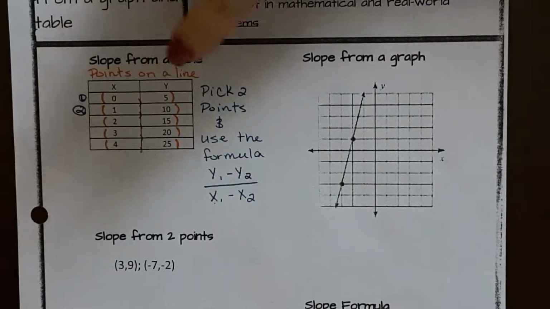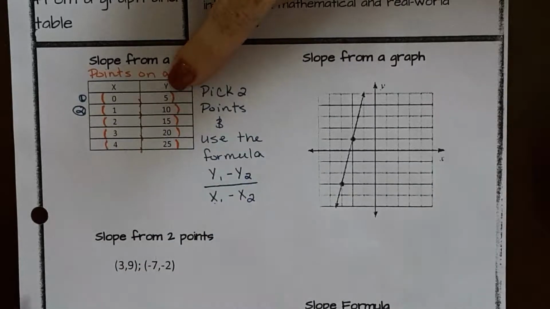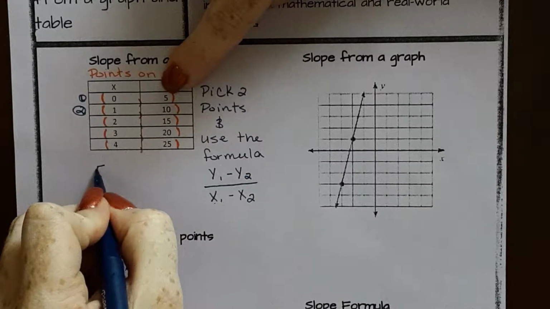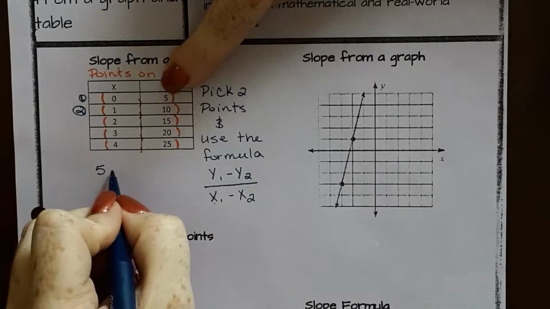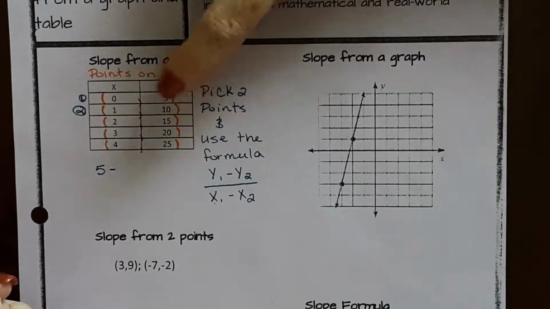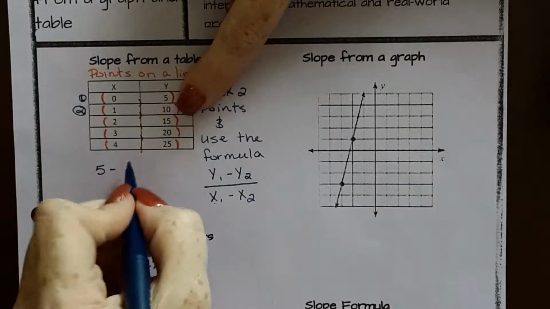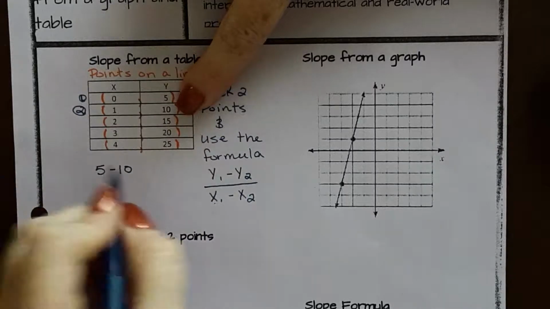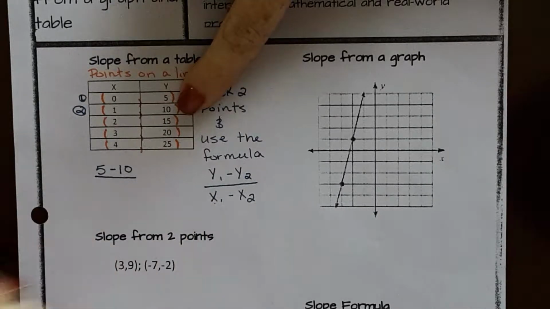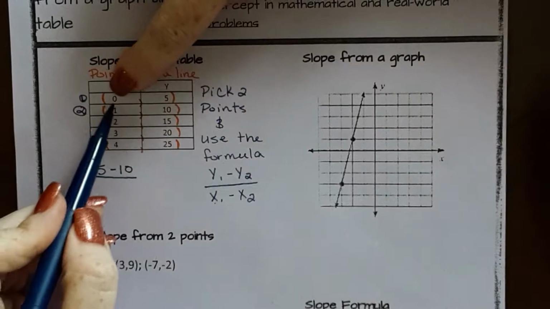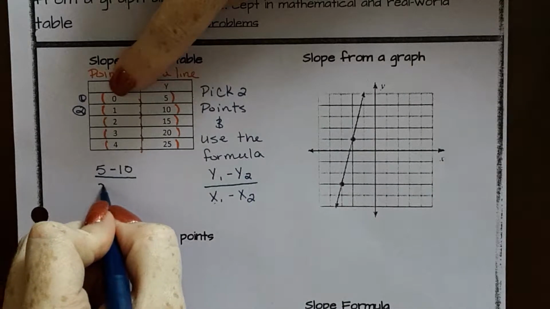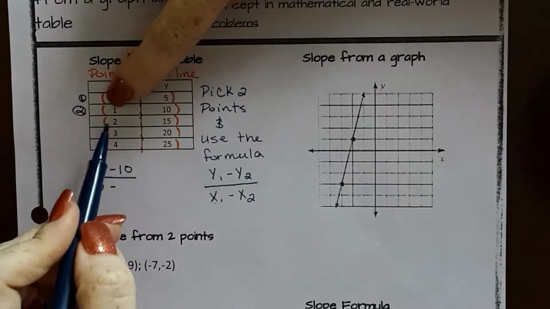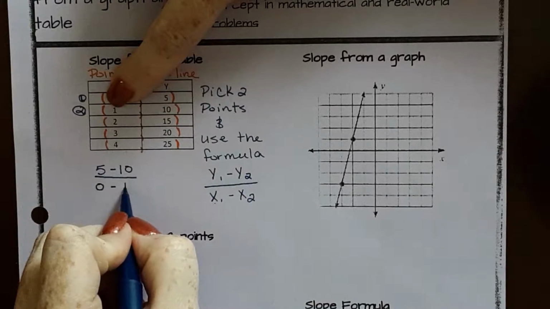So I'm going to start with the first y value, and I'm going to have 5 minus the second y value, because this is the second point, 10. And I'm going to put that over my first x value, 0, minus my second x value, 1.